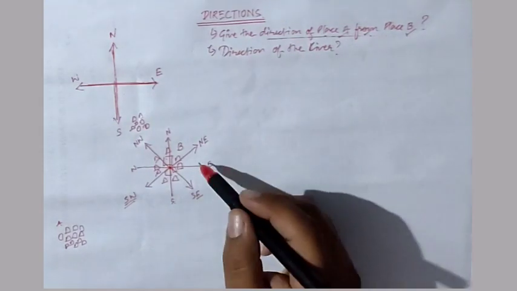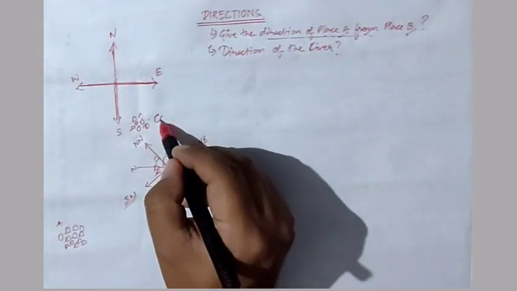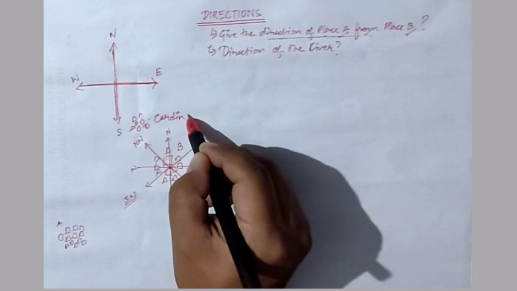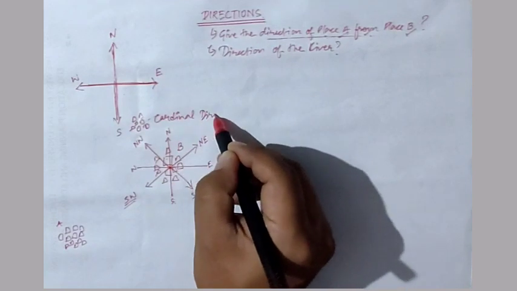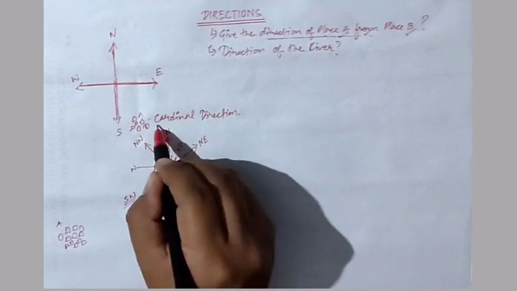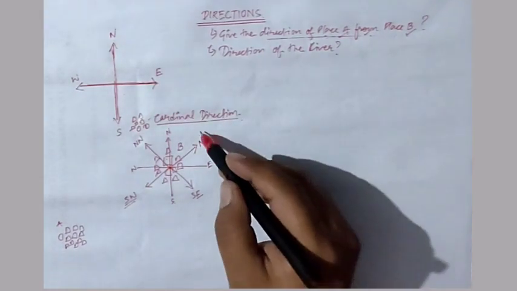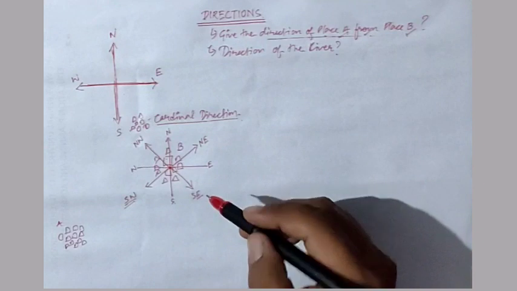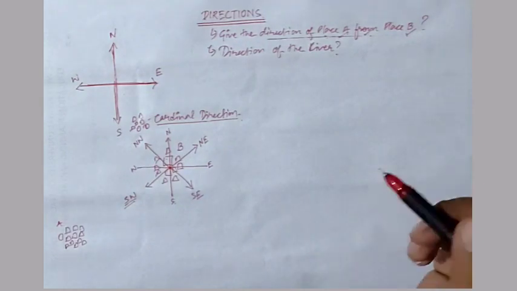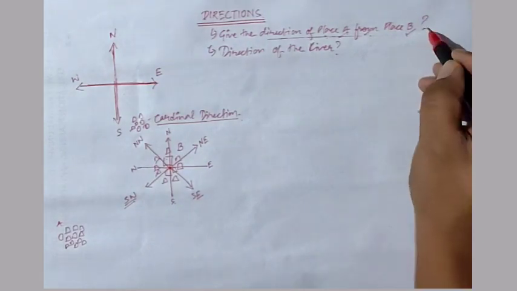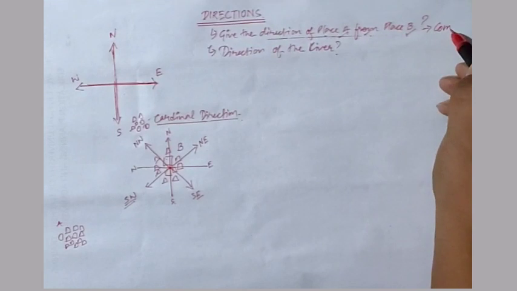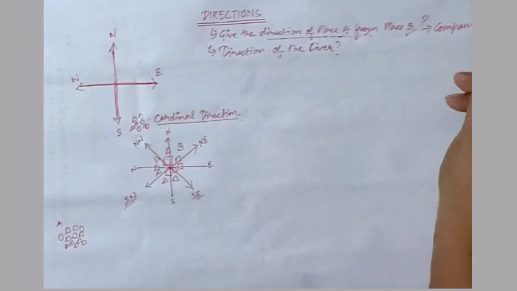So these are the 8 major cardinal directions. According to the reduced syllabus, we need to learn only these 8 major cardinal directions. Sometimes in previous years, even a term was used: compass direction.